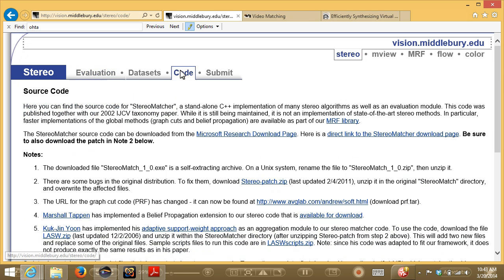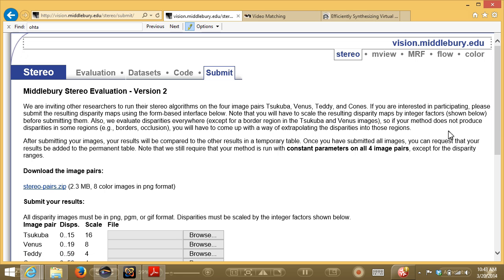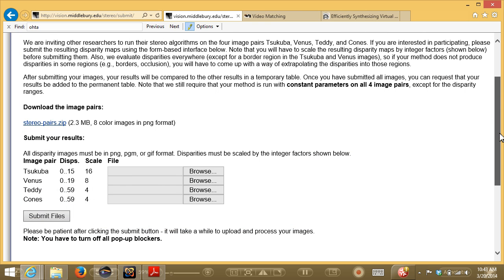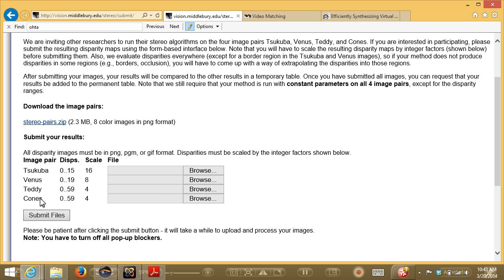So again, the same idea. If you ever want to do stereo yourself, there's some stereo code that you can download. If you want to evaluate your own stereo algorithm, you basically have to write some code that conforms to an API, or it seems like maybe you just upload your disparity map.